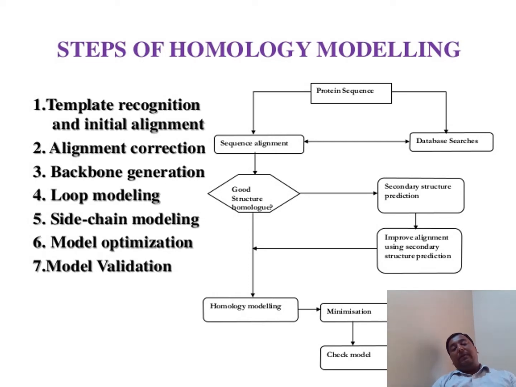That means we have an existing structure as a template, we search for the similar structure of that template, and we generate our structures so that they have similar properties to the template.